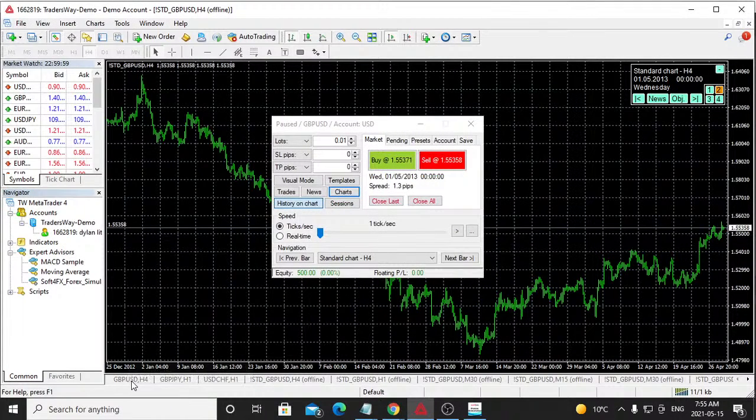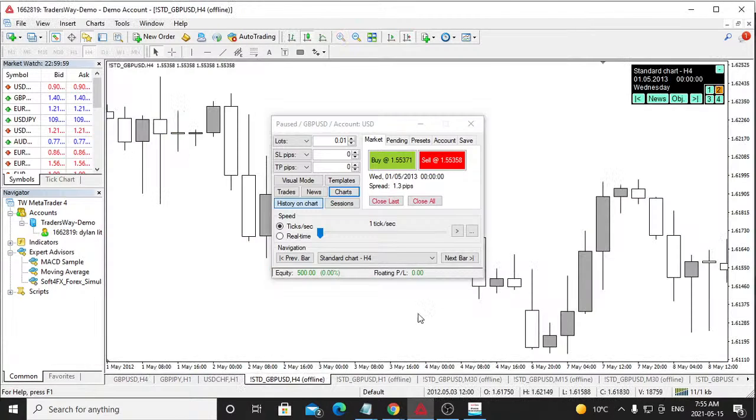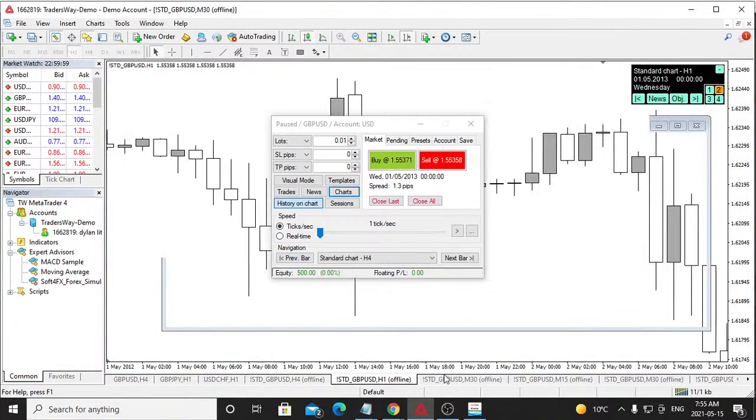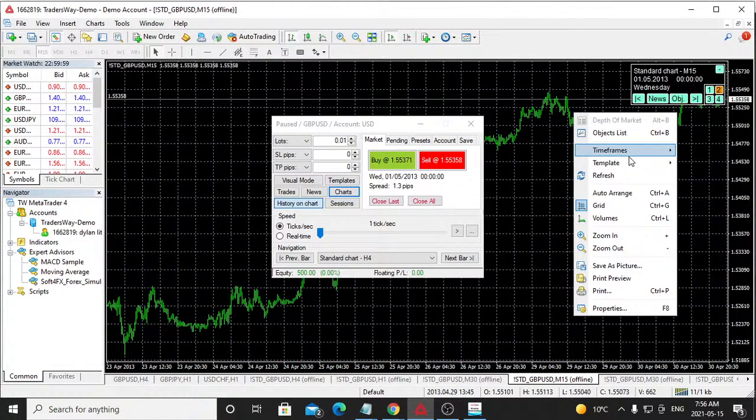So I have how many charts? I have 5 charts. Okay, nice. They already loaded to my background, except for these. Let me change these.